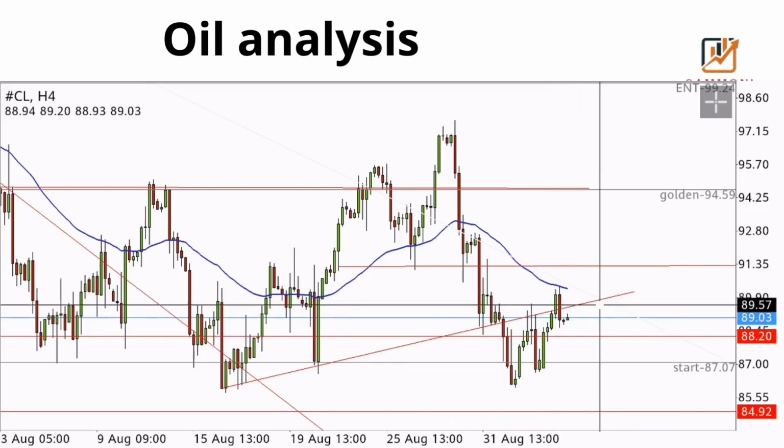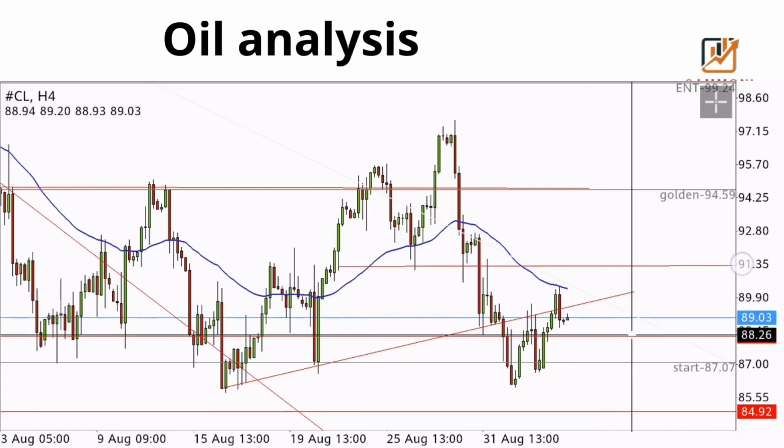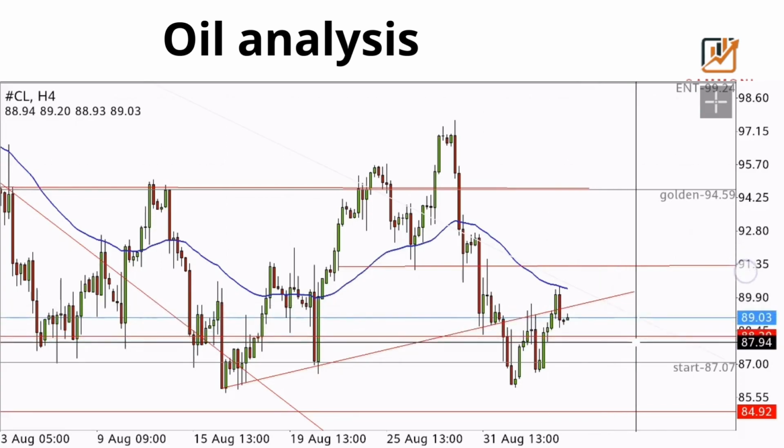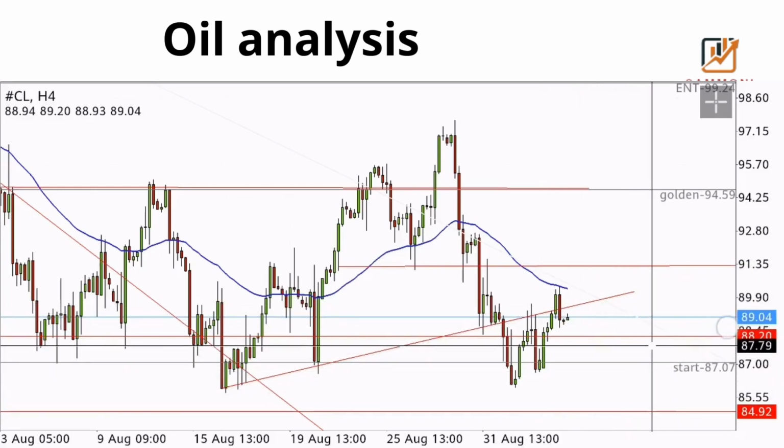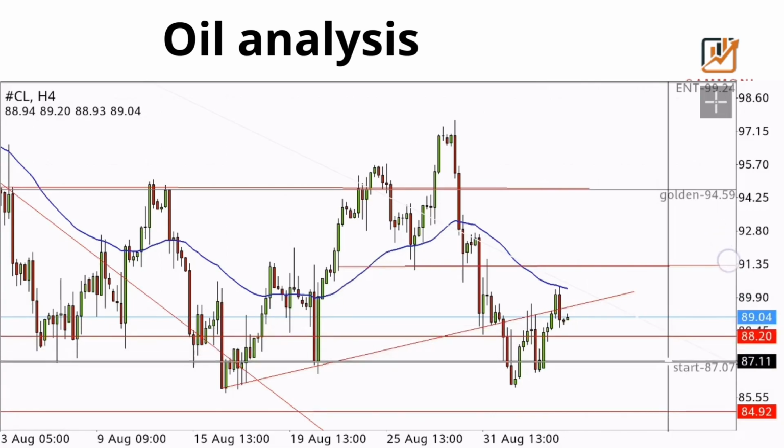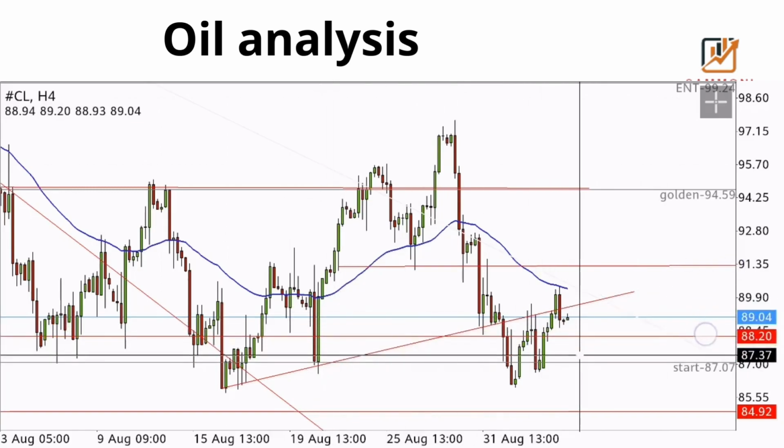So overall, until holding above the 88.00 level, I suggest the buying entry is valid, because this is approximately the support area 87, and the market shows very strong support at that level.